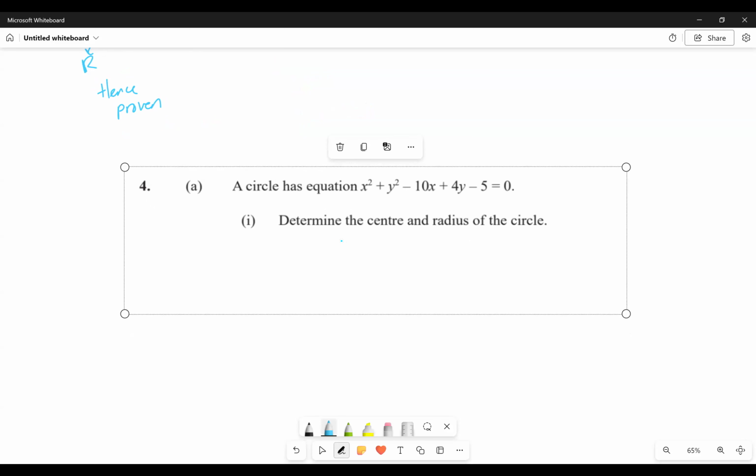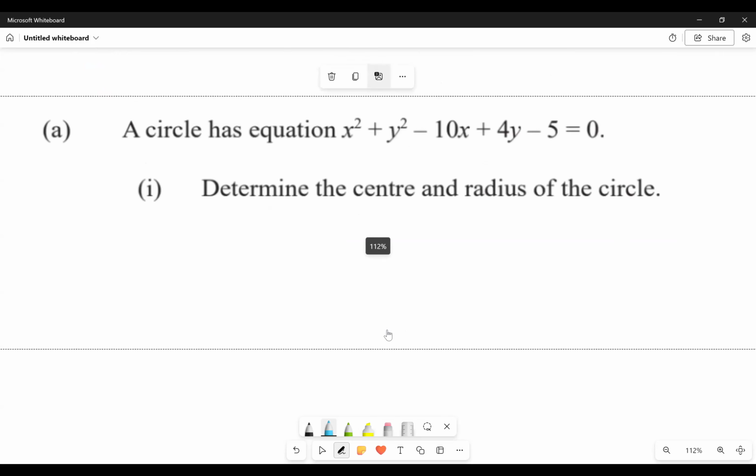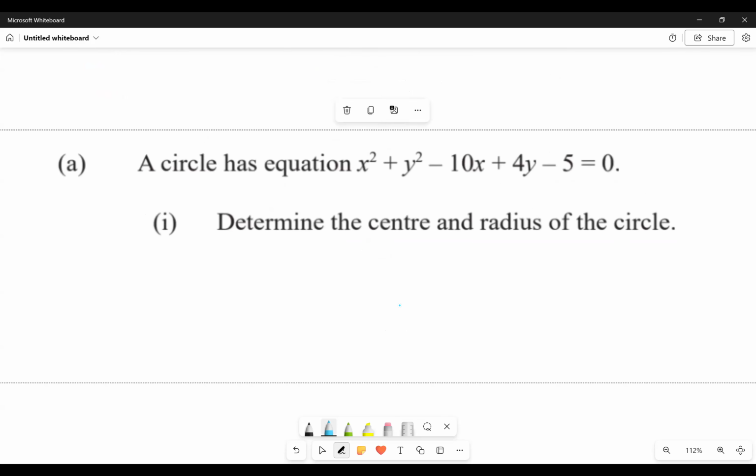One of the ways is to complete the square, and the other way is to just know where they are. So yeah, I think the way that I usually do it is by completing the square.